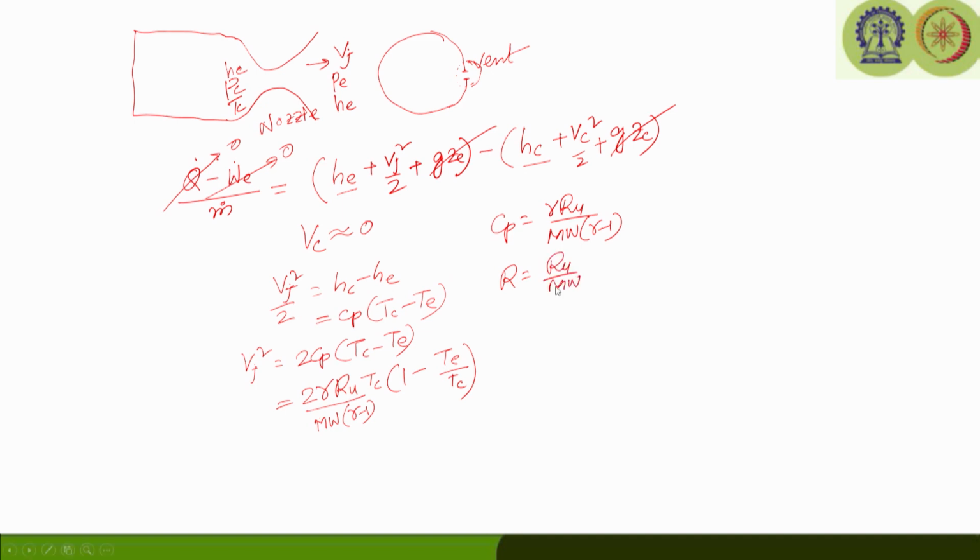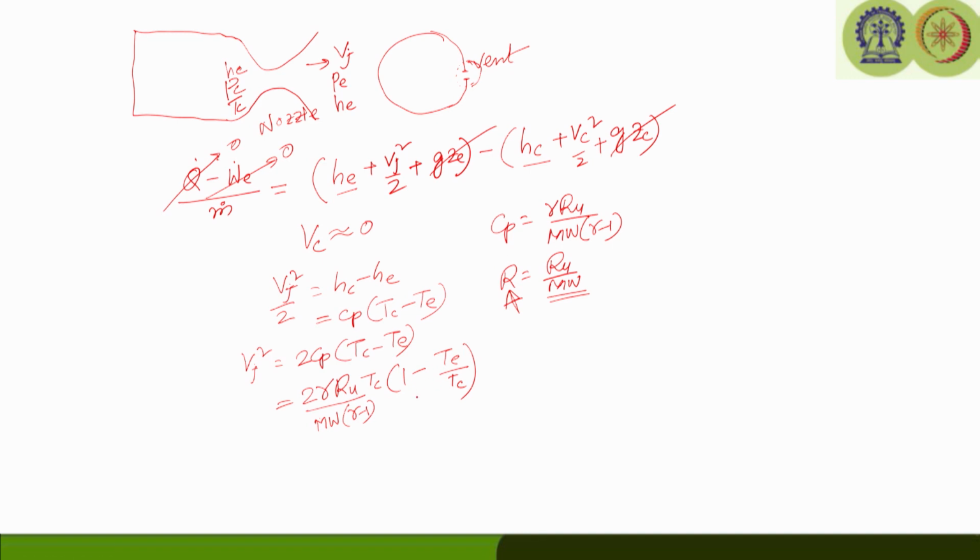Ru is the universal gas constant, which is 8.314 kilojoule per kilomole Kelvin. If you know the molecular weight of the particular gas, you can easily find the gas constant for that gas, because to apply this equation, you need the value of R.